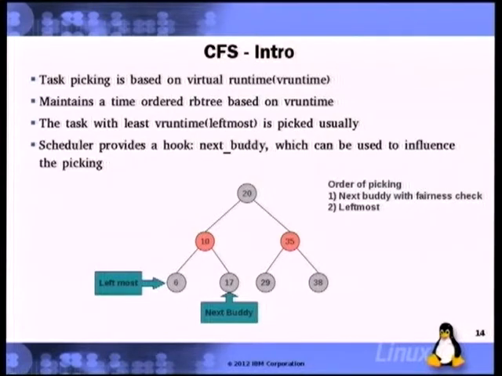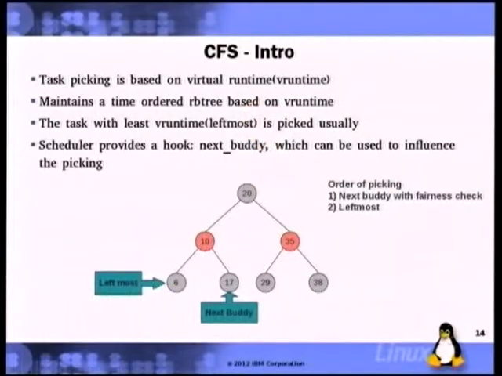If you want to alter the order for some reason, for example if a task is waking and we want this task to run rather than the leftmost task, set next buddy is used for such optimizations. So the order is: it will see if the next buddy is set and it doesn't break fairness, then the next buddy is selected. Otherwise, the default case is always to pick the leftmost task to schedule onto the CPU. This runs on all CPUs independently.